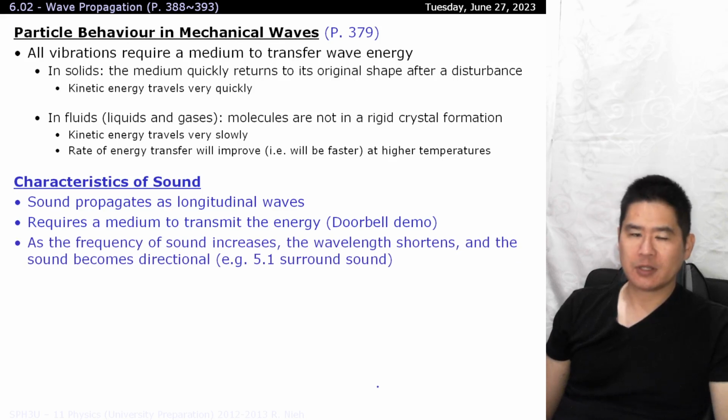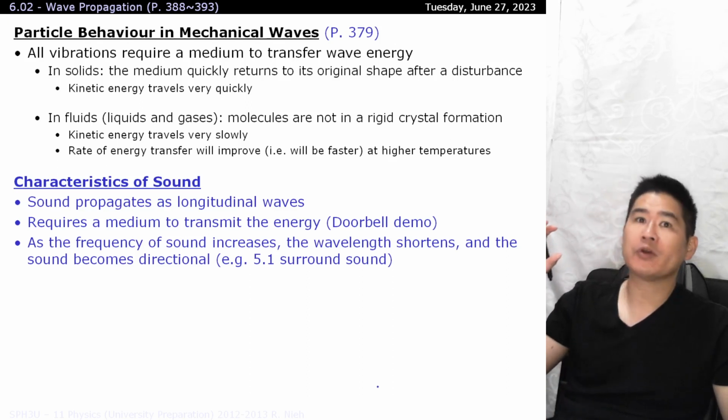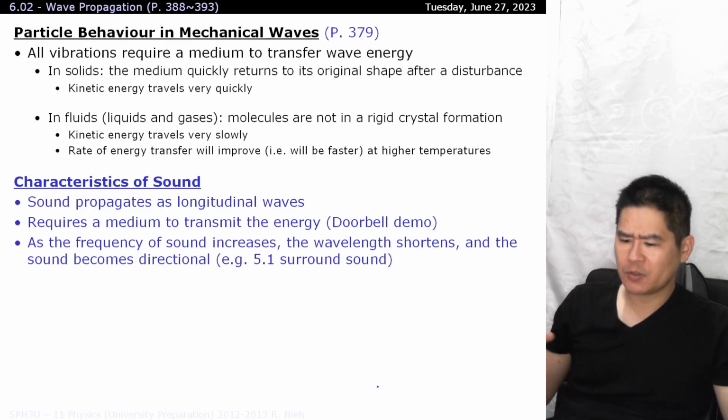And another interesting thing about sound is that lower frequencies typically are omnidirectional. In other words, the sound goes in all directions. You don't really need to point it at any given listener. They'll all hear it. On the other hand, higher frequencies are directional. So the higher the pitch is, the more you can figure out where the sound's coming from. Meanwhile, with low frequency grumbles, you have no idea where the sound's coming from.